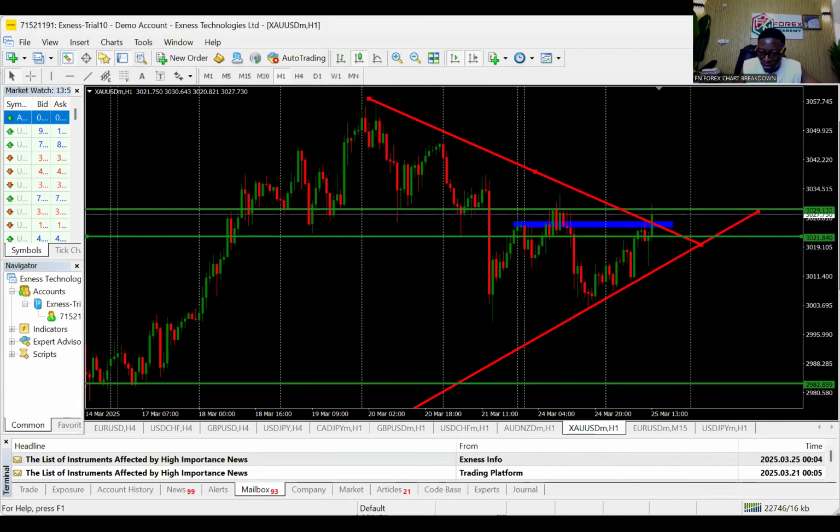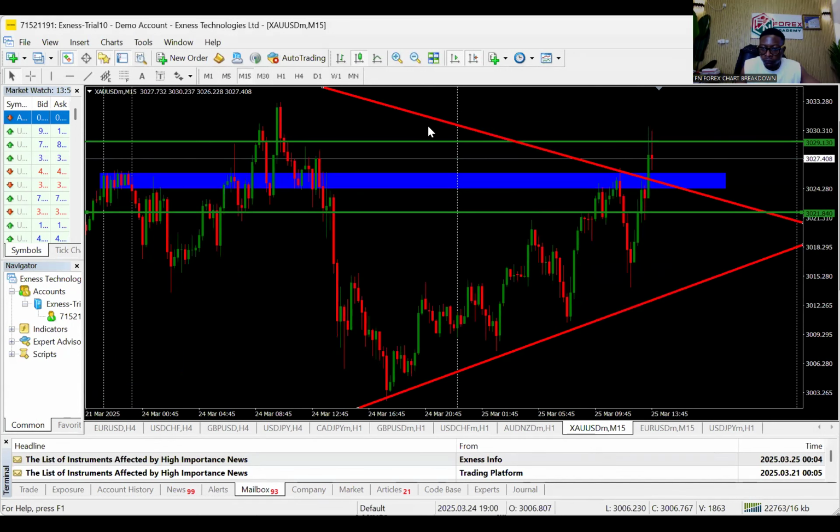Let me see how many minutes we have left for that 1 hour candlestick to close. Okay, we have like 3 minutes left for that 1 hour candlestick to close. So you probably close above, right?